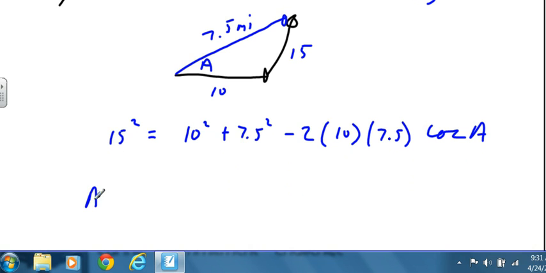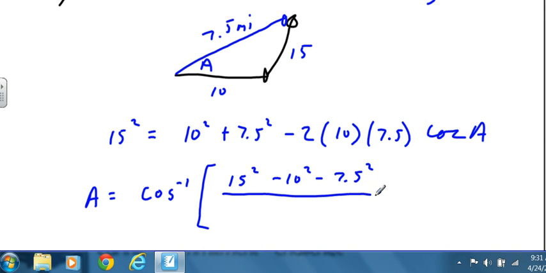So A is going to be equal to the arc cosine of 15 squared minus 10 squared minus 7.5 squared divided by minus 2 times 10 times 7.5.